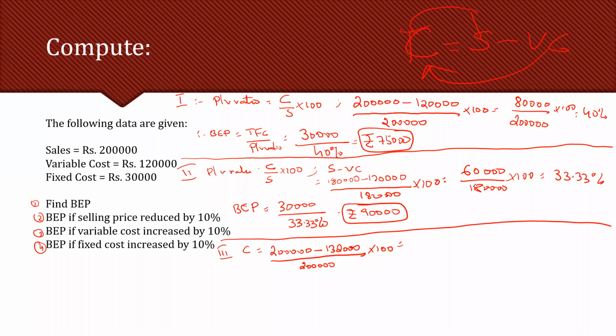How much? 68,000. 68,000 divided by 2 lakh into 100. How much is that? 34%. Now BEP can be easily found out.